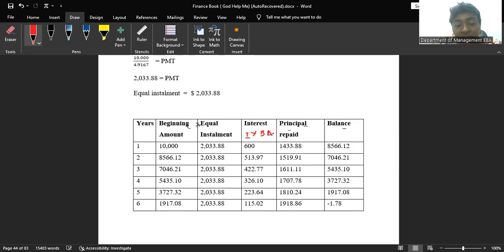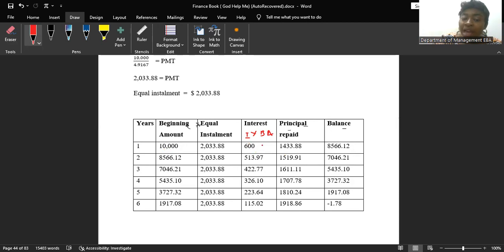So if you take your calculator, when you multiply the 6% of 10,000, you are going to get 600 Ghana cedi. When you get 600 Ghana cedi, now they said that the amount we are paying regularly consists of interest and principal. Now I want to know if 600 is the interest of the beginning amount, then what portion of the principal are we paying?